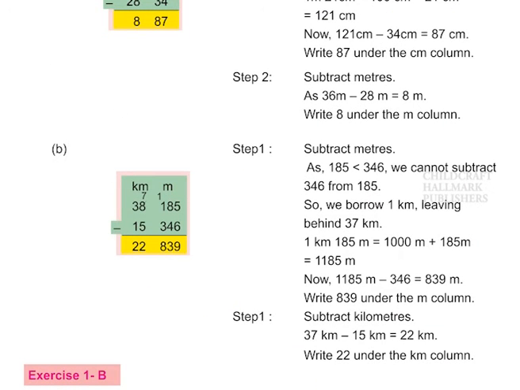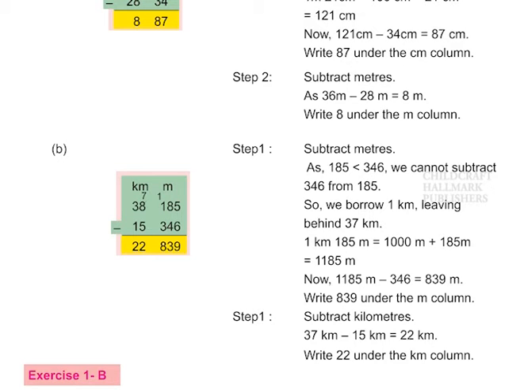Step 1. Subtract meters. As 185 is less than 346, we cannot subtract 346 from 185. So, we borrow 1 kilometer, leaving behind 37 kilometers. 1 kilometer 185 meters is equal to 1000 meters plus 185 meters, which is 1185 meters.